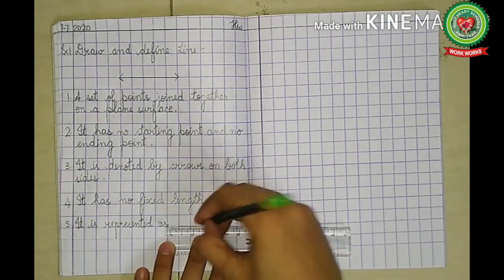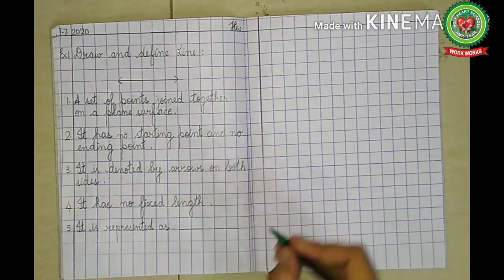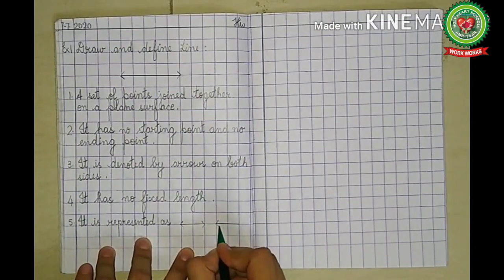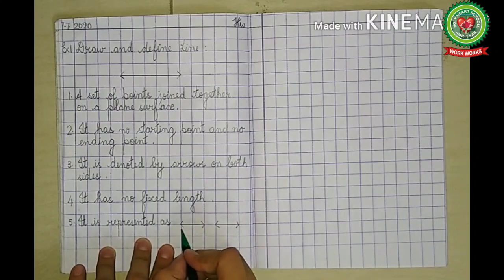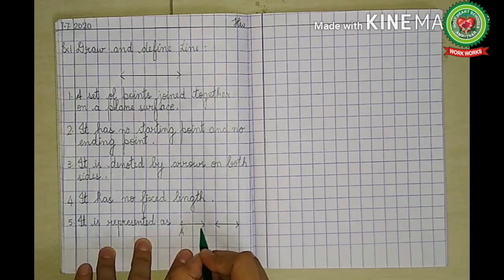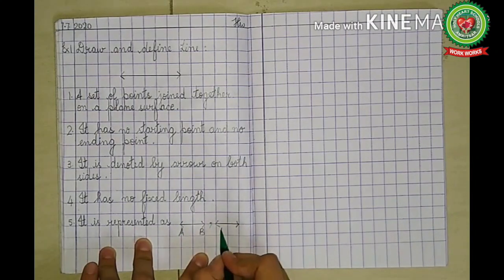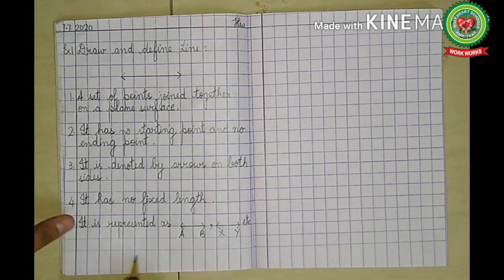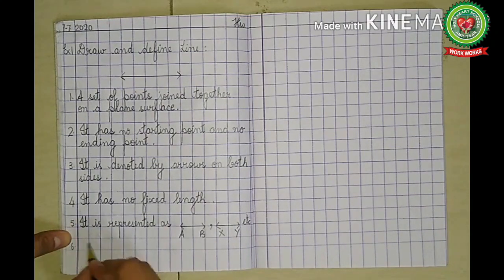We will draw 2 lines like this. It is represented as A, B, or like X, Y, etc. Any name you can give like this. Now leave one line, put number 6.